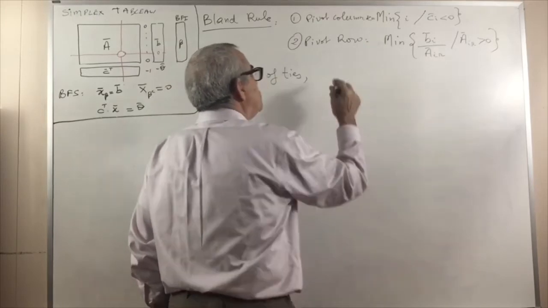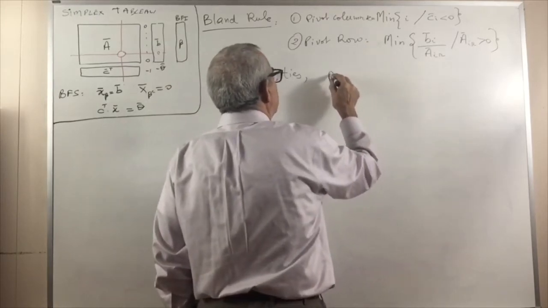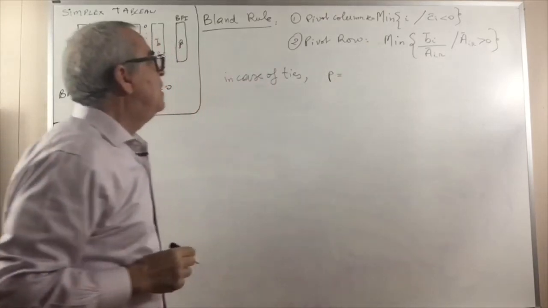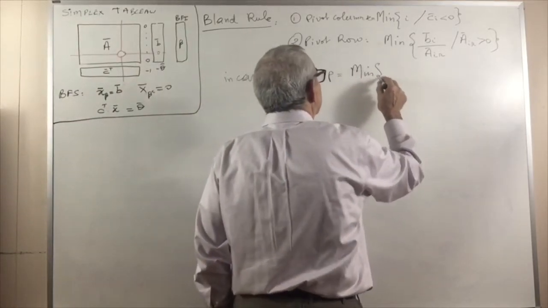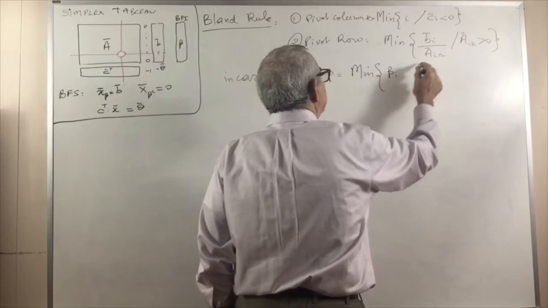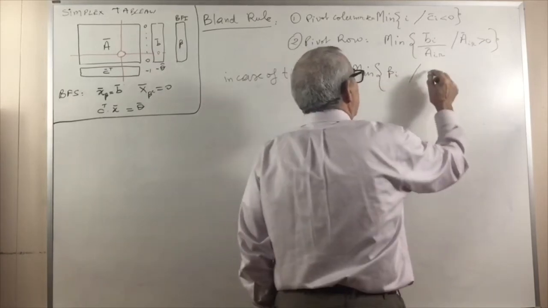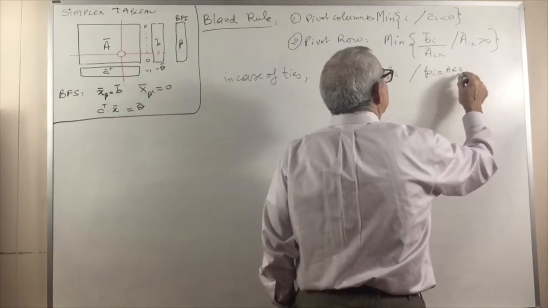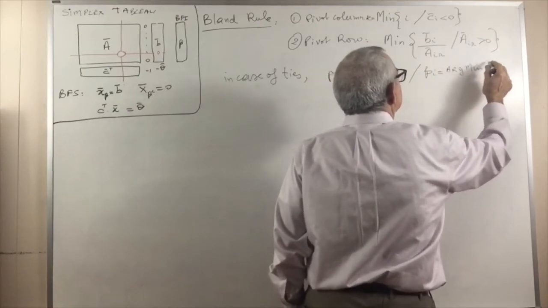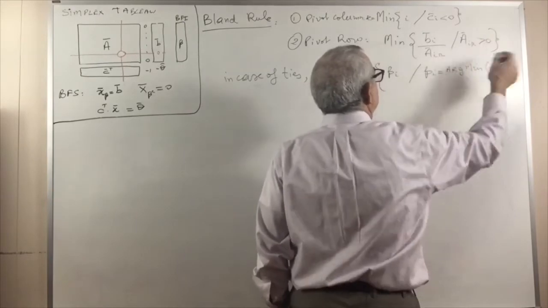Then we have to choose, I'm going to call it P, the pivot row. It's equal to the minimum of beta I, where beta I is equal to the argmin of this expression here.